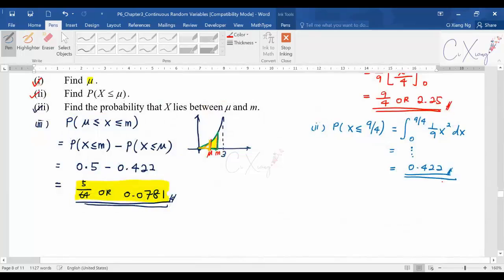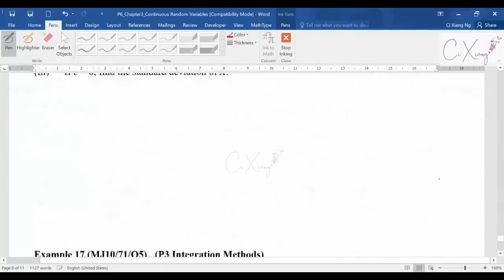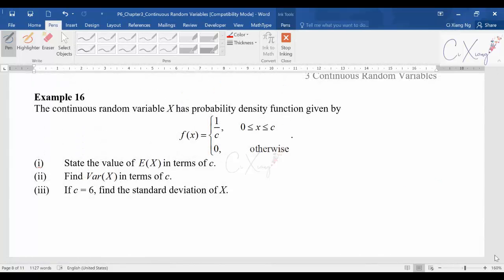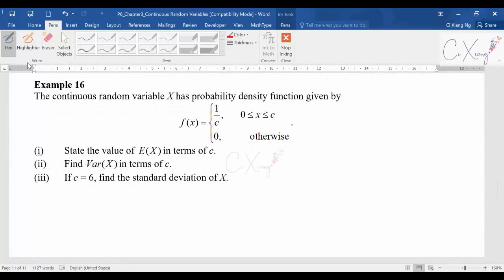Alright, so if you have a look at example 16. For example 16, you have the function 1 over c. So c is a value, but what that value is you don't know. And then x is between 0 until c.